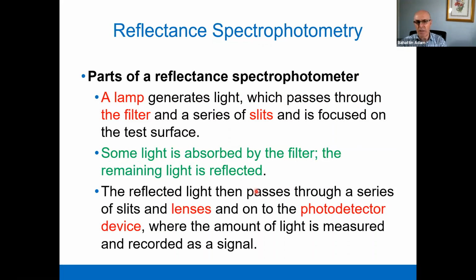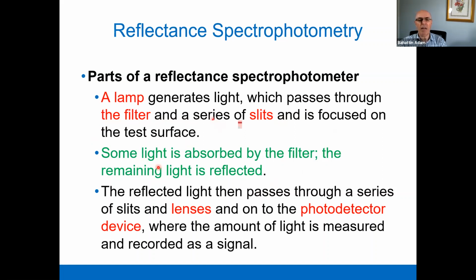Okay, the parts of the reflectance spectrophotometer: a lamp, a source of light, is similar to the photometer and spectrophotometer, and the light passes through the filter and a series of slits and is focused on the test surface.